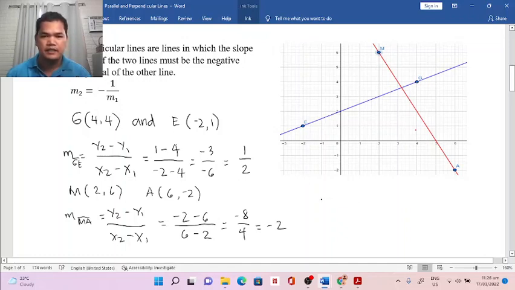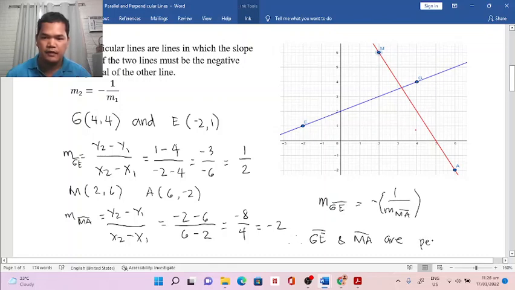And since the slope of GE is equal to the negative reciprocal of the slope of MA, thus we could say that GE and MA are perpendicular.